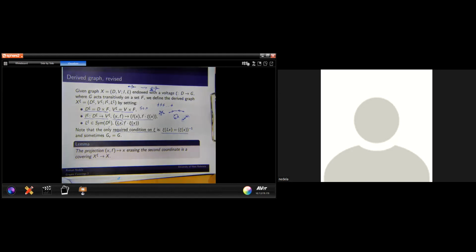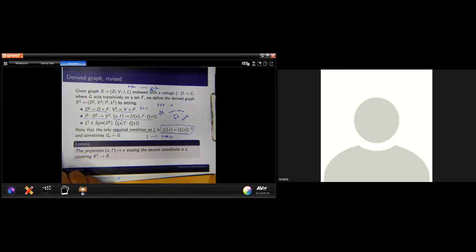Why so? This is because we want to extend the voltage to the fundamental groupoid and fundamental group. So we can always extend the voltage from darts to walks in a natural way. And this is a condition which guarantees that everything is fine.